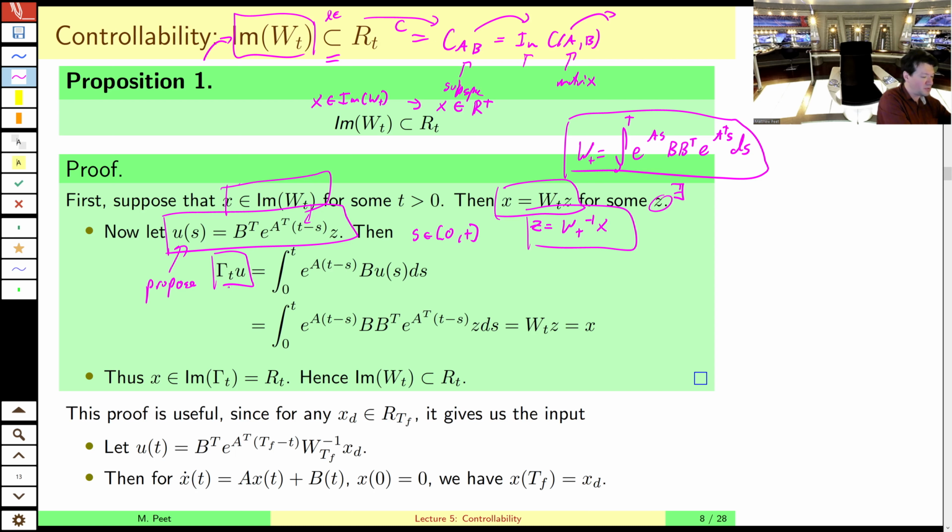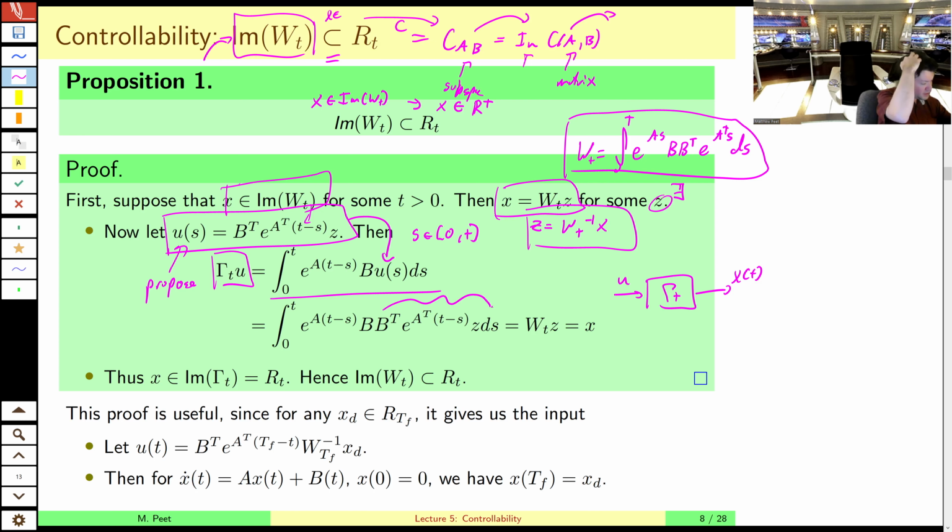Remember, this is the map from gamma T. This is the map from u to x of T, finite time. That's what it is. Just recall that. It's from the solution convolution integral. And so now we just plug in for u. We take this u here and plug it in for u of s. And then it becomes this thing right here.